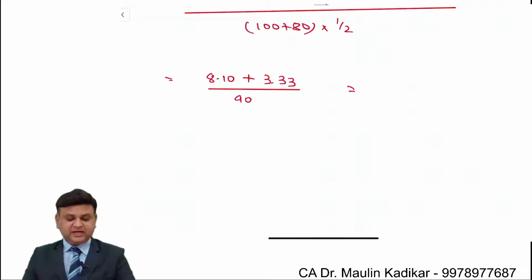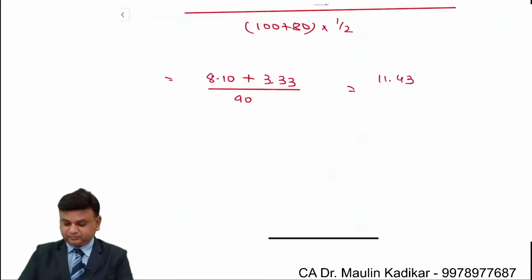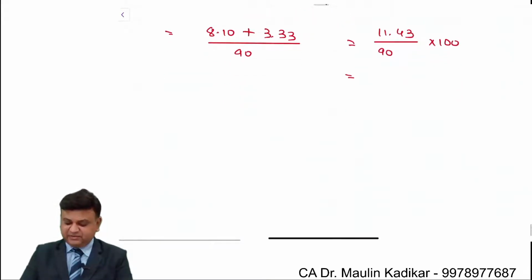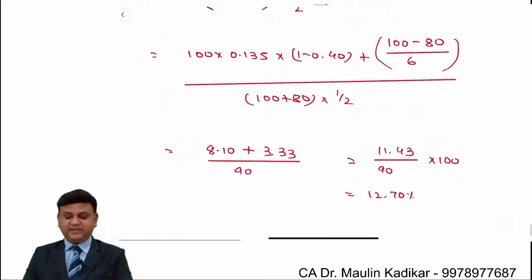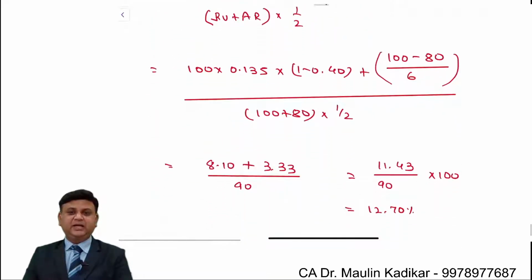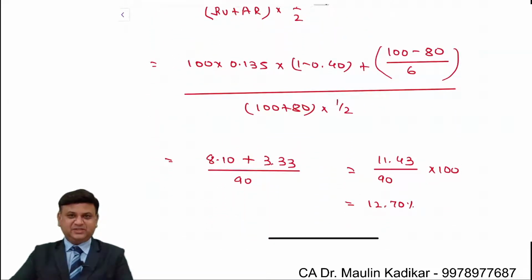So the numerator is 8.1 plus 3.33, that is 11 rupees 43 paise, divided by 90 rupees into 100 for getting the answer in percentage terms. So the final answer comes to 12.7%. That is the way the cost of debenture will be calculated. So by using this simple formula, Kd is 12.7%.